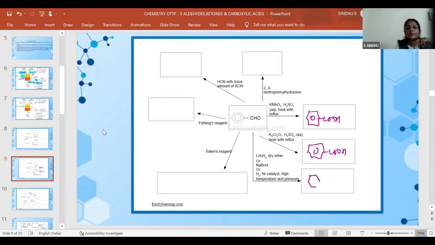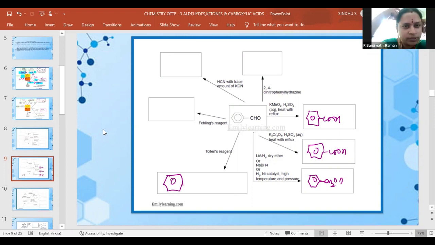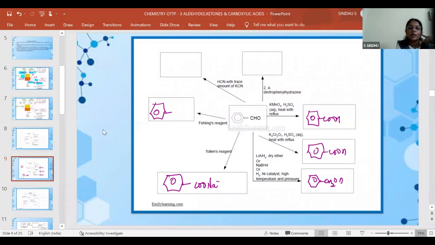So we'll go to benzyl alcohol. Here we go in for benzoic acid reagent, sodium salt of benzoic acid. We usually use sodium hydroxide, alkaline, is it not? So we get it as the sodium salt, right? Fehling's reagent is sodium potassium tartrate, Rochelle salt, and aqueous copper sulfate.